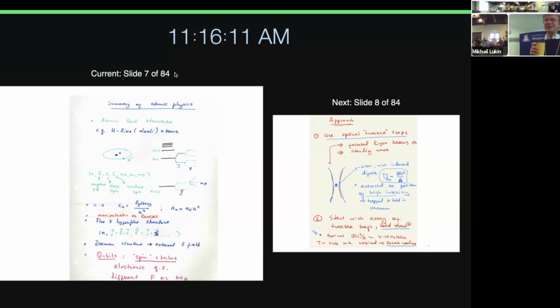Exactly. Almost any atoms have an anharmonic spectrum, so they can be used as qubits.